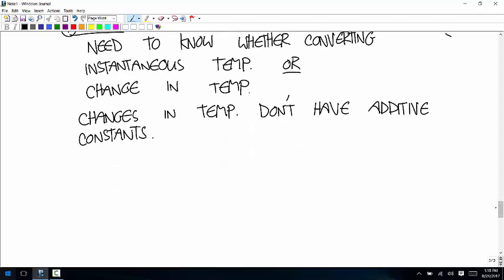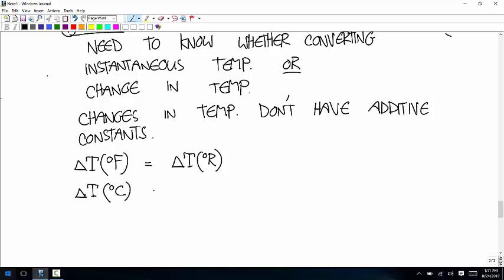So if you're talking about changes in temperature, these conversions look like this. A change in temperature in degrees Fahrenheit is equal to a change in temperature in degrees Rankine. A change in temperature in degrees Celsius is equal to a change in temperature in Kelvin, no degree symbol.